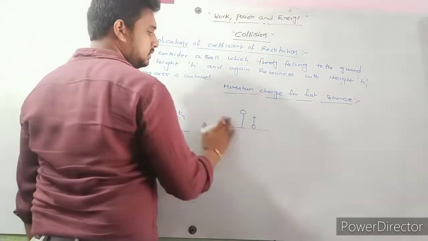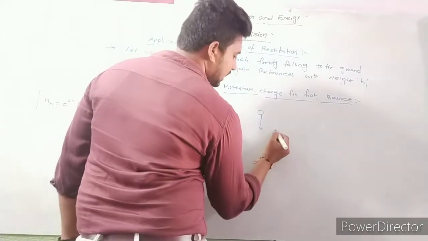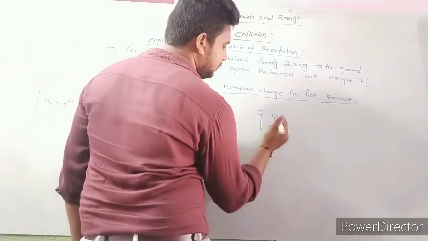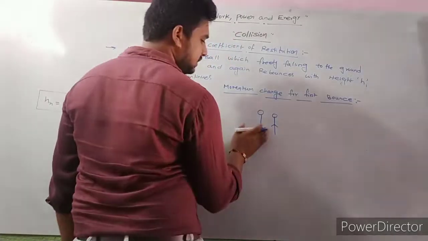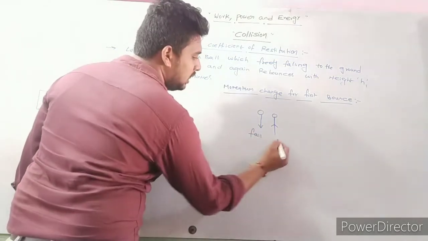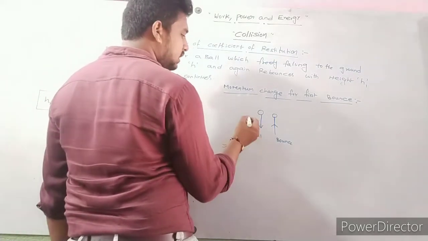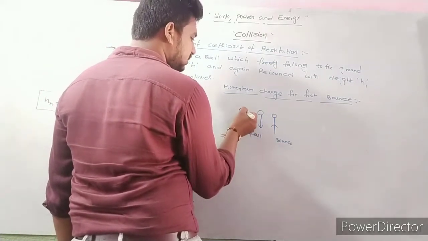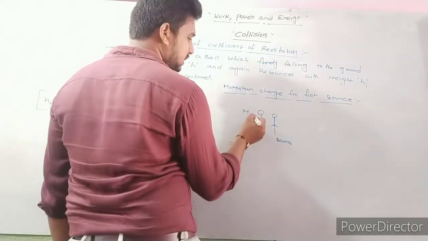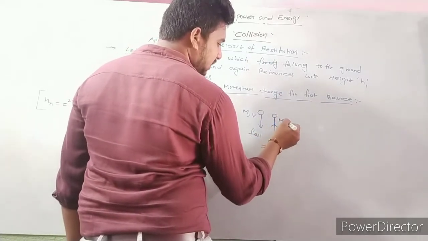Initially the ball falls in this direction and hits here, and it rises in this direction. This is fall and bounce. It falls with mass m and velocity v, and it bounces with mass m only and velocity v1.